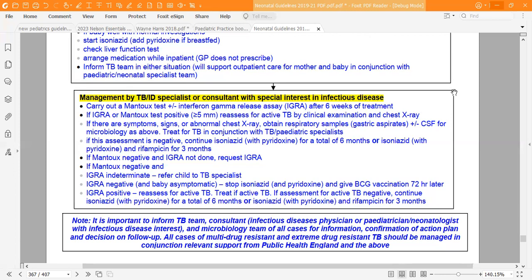So if IGRA or Mantoux test gets a negative result, in this case I'm going to continue treatment with isoniazid with pyridoxine for a total of 6 months, or isoniazid with pyridoxine and rifampicin for 3 months.